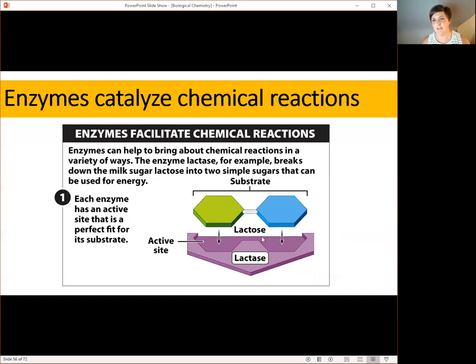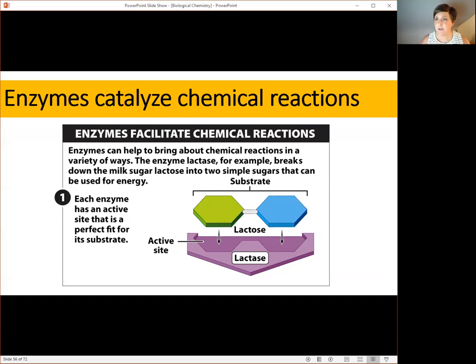Once lactose enters the active site of lactase, lactase positions lactose in a way that lowers the activation energy required to break the bond between glucose and galactose, thus enabling this bond to be broken. So, it is very important that you understand that the active site of an enzyme is where a reaction is catalyzed.